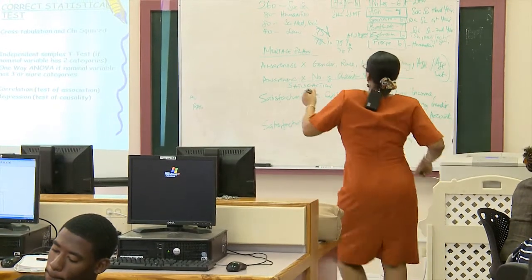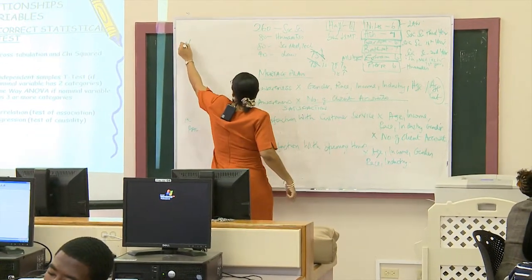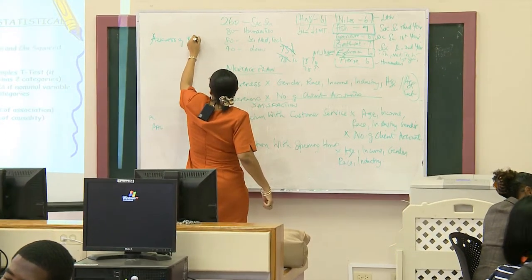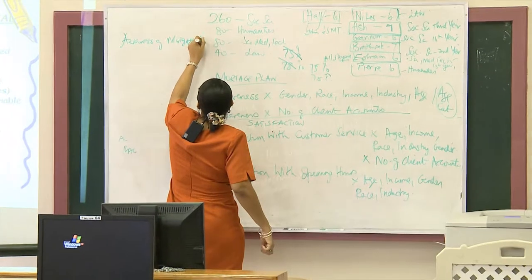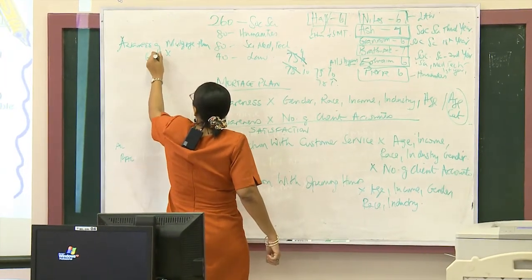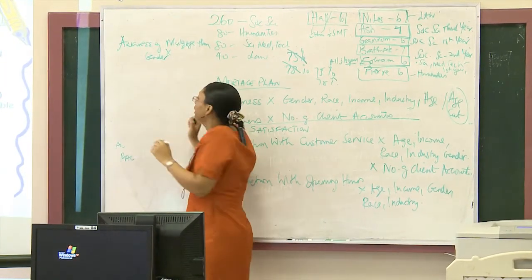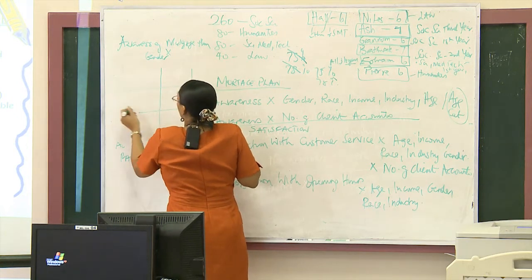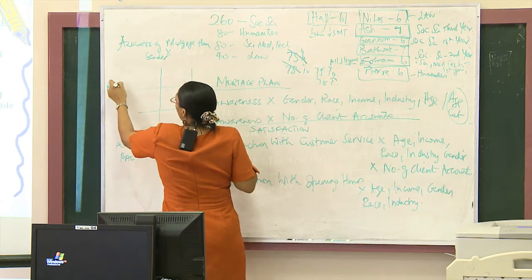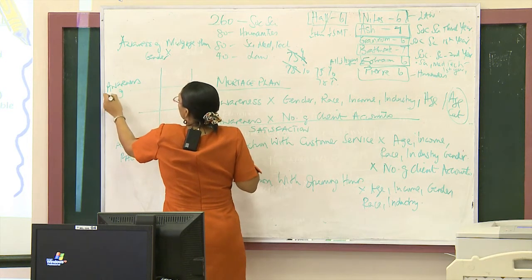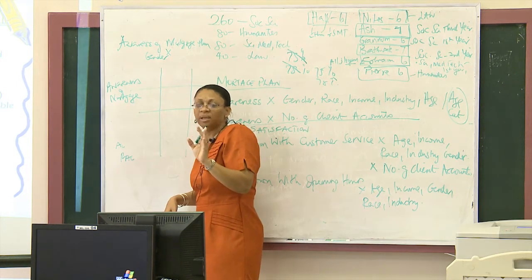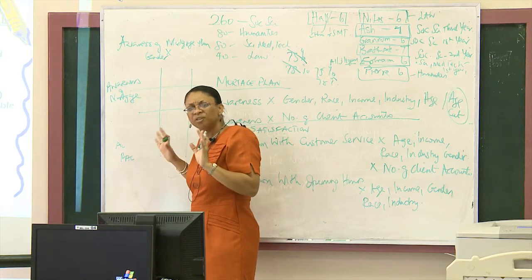When I'm running awareness of the mortgage plan by gender, put the gender in the column, it'll be easier, right? So there's a cross tab here, look. So we will put awareness of the mortgage plan here. So when you're deciding what to go in the column and when you're running the test, always put the categorical variable there because it's just easier to read. Sometimes when you put it in the row, it gets you confused.